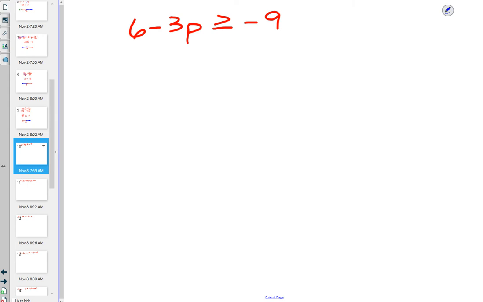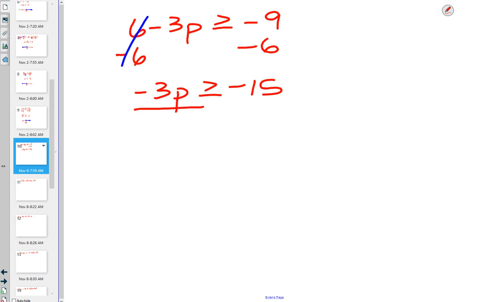Plus 6, minus 6. Good. Oh wait, look. It's a negative, so the sign flips, right? No. Because all I did was subtract. What's the last step? We divided by a negative, so P less than or equal to 5.